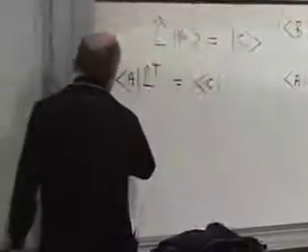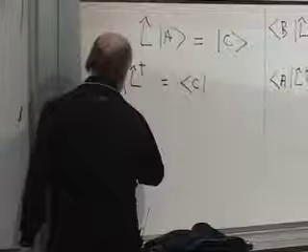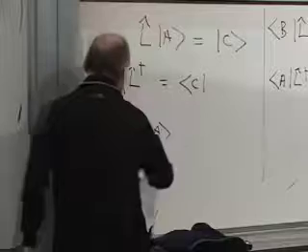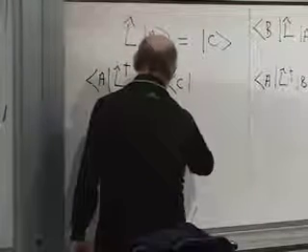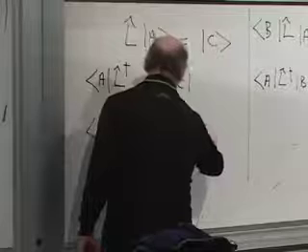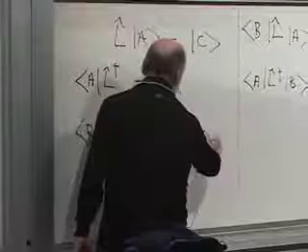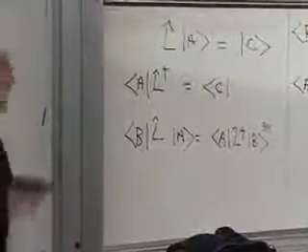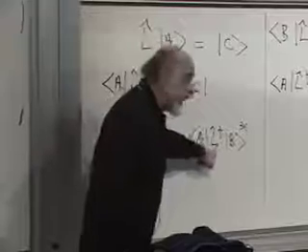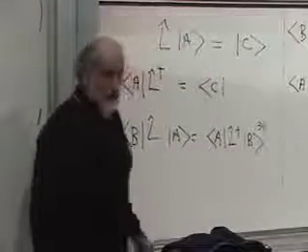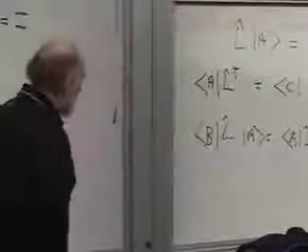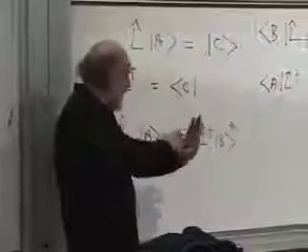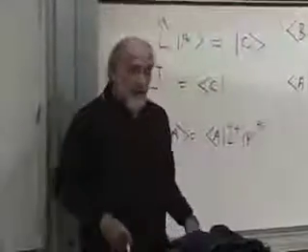And here it is right here, that every matrix element of the original operator, L, is equal to the complex conjugate of the Hermitian conjugate, but with the bras and the kets interchanged. In other words, to go from an operator to its Hermitian conjugate, you interchange bras and kets and you complex conjugate.